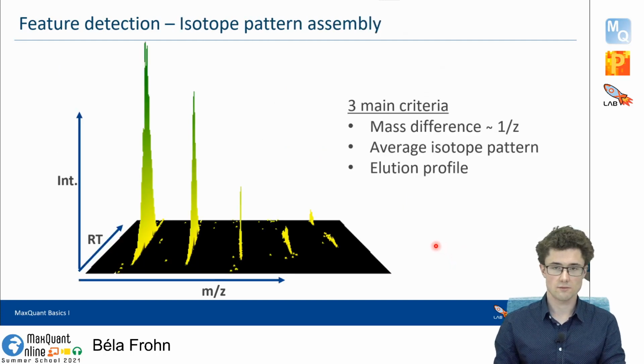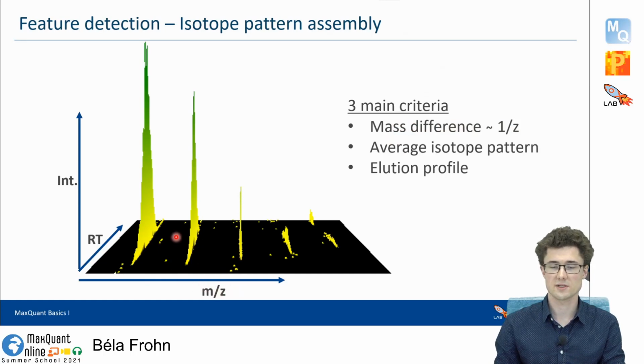And so now what we have is many peaks, but we don't know yet which of them belong to one isotope pattern. So we somehow have to cluster or to find out which peaks of the ones we found belong together. And of course, we know that they should be separated by roughly 1 over the charge. So this should be the difference on the mass to charge ratio axis.